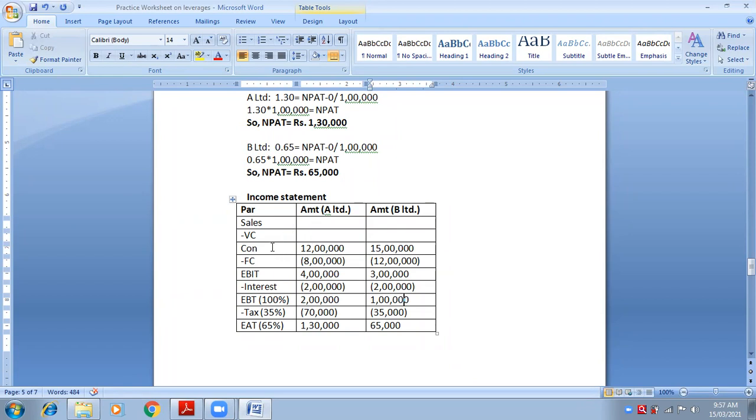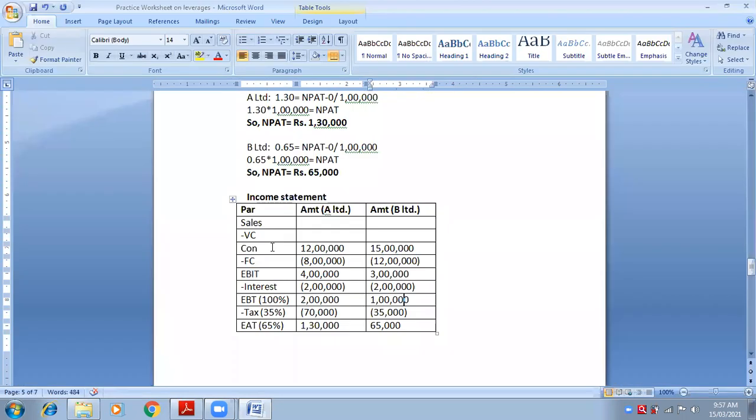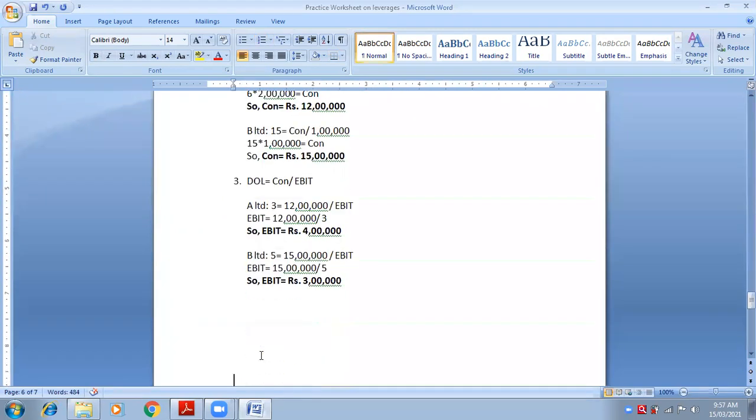Now, variable cost is given as 40% of sales in case of A Limited. But we don't have sales. So how are we going to do it? Let the sales be 100%. You need to make a working note.